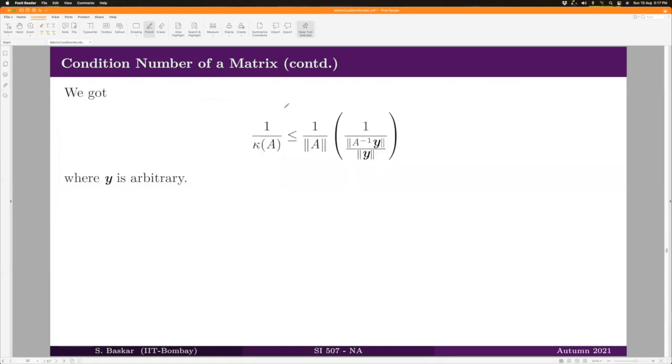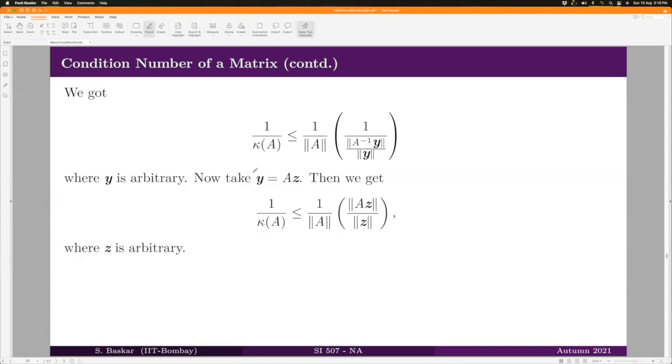So what we got is this inequality for the condition number of the matrix A, which is satisfied by any vector Y. Now let us take a vector Z, which is defined by A inverse of Y. Then we can write the above inequality as 1 by condition number of A is less than or equal to 1 by norm A into, instead of Y, I'm putting A times Z, and therefore I have norm AZ divided by norm Z. Since Y is arbitrary, even Z will be arbitrary.